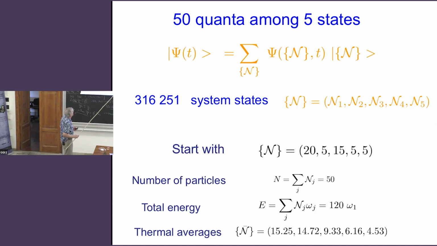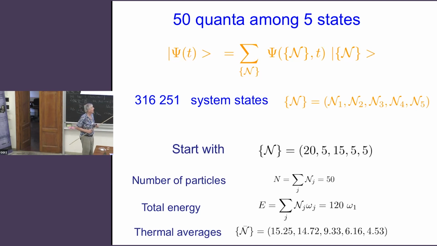So the Hilbert space has that many states, and the wave function is a complex number for each state, an amplitude for each state. And we start with number eigenstates. We actually also did coherent states, but that doesn't change the answer.